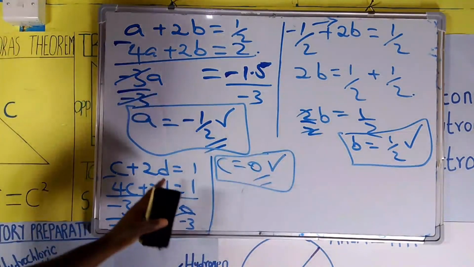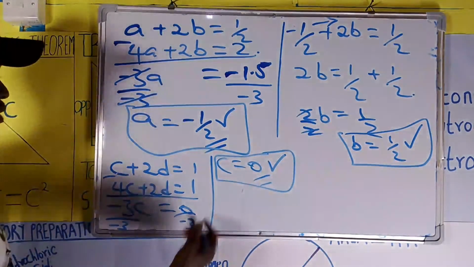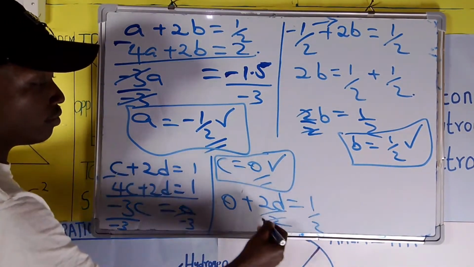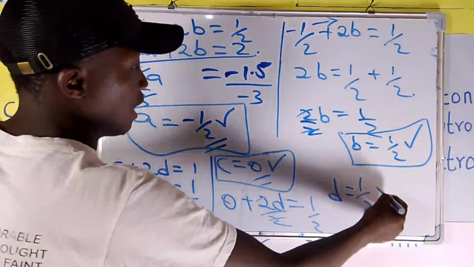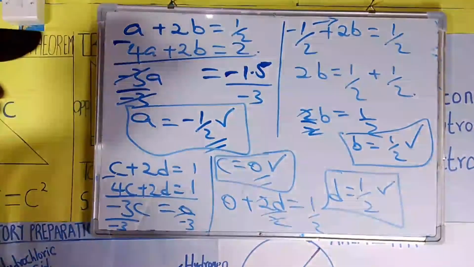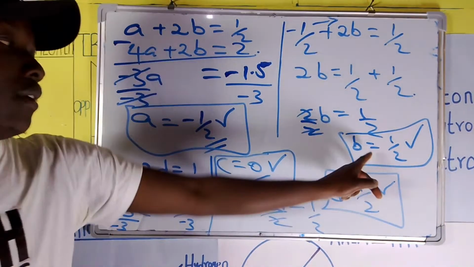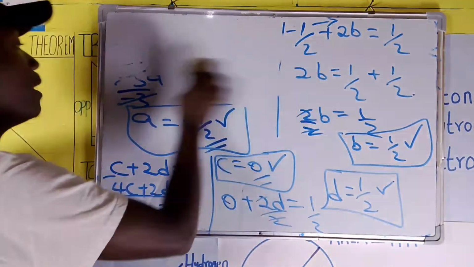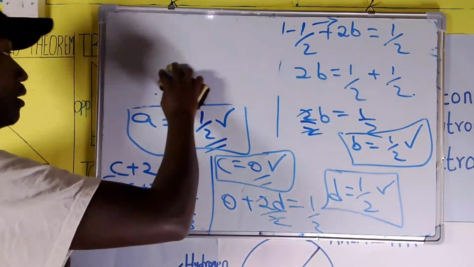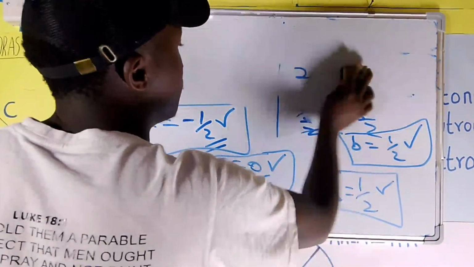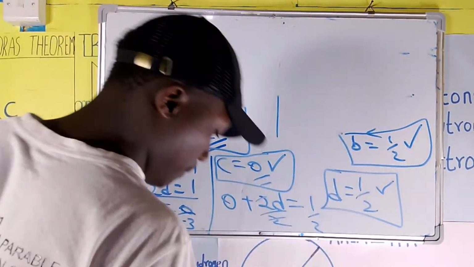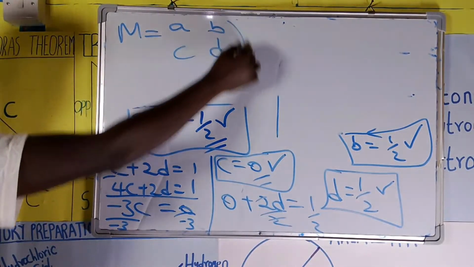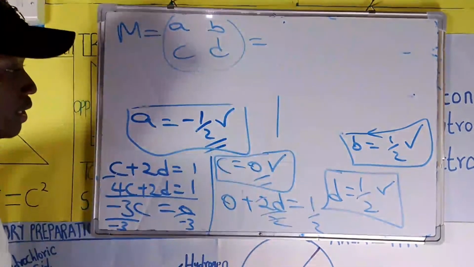Having found C as 0, we put it here to find D. So 0 plus 2D is equal to 1. We divide by 2, and we end up getting D as a half. So we have our A, B, C, D. Therefore our matrix M, which was A, B, C, D, is equal to: what is our A?